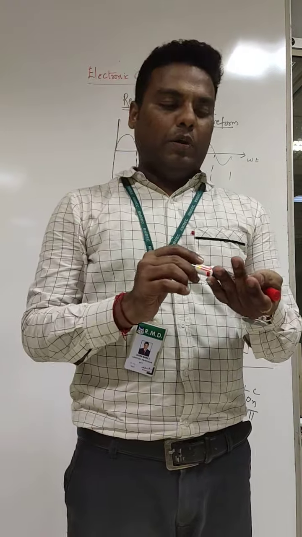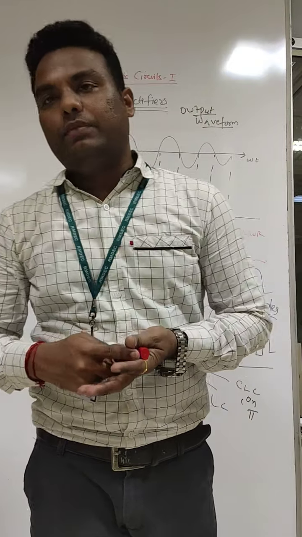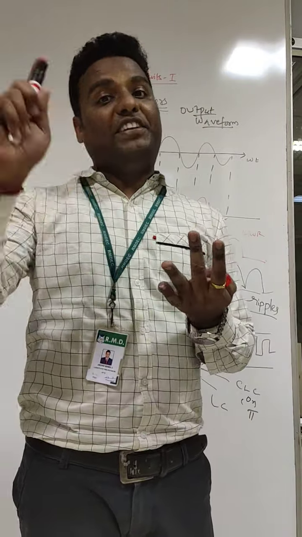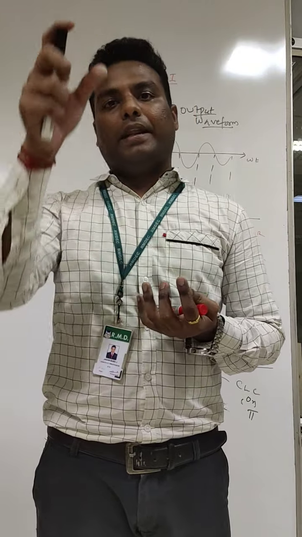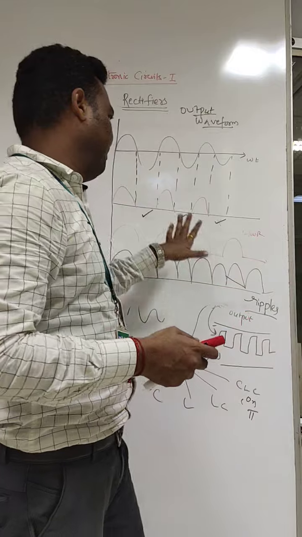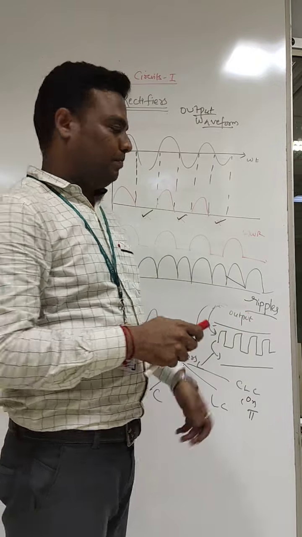That is what we use to find the ripple factor. How to find the ripple factor? How to find the rectifier efficiency? How to calculate the transformer utilization factor? These are the parameters to find for the rectifier topics.